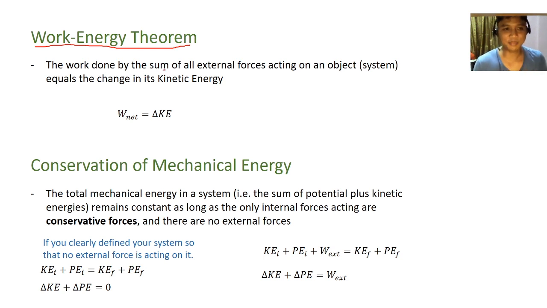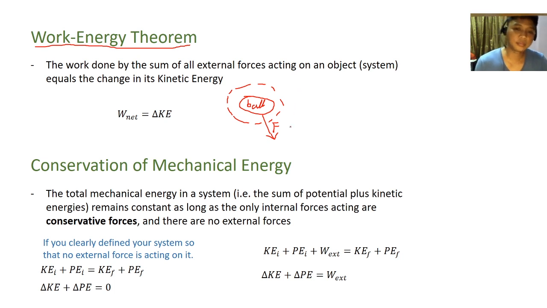The work done by the sum of all external forces acting on an object or system equals the change in its kinetic energy. So if you have an object, let's say a ball, and there is an external force acting on the ball, like that. Let's say there's only one external force acting on the ball.